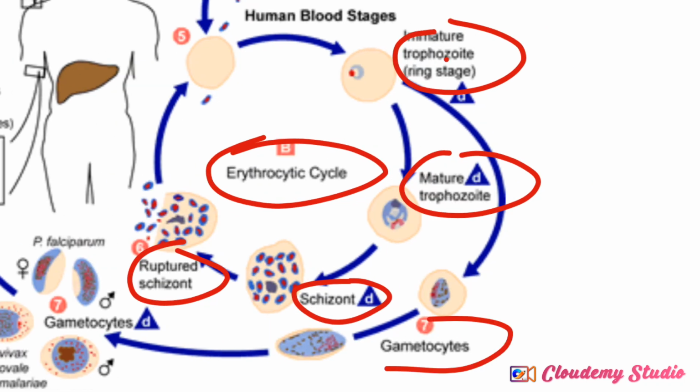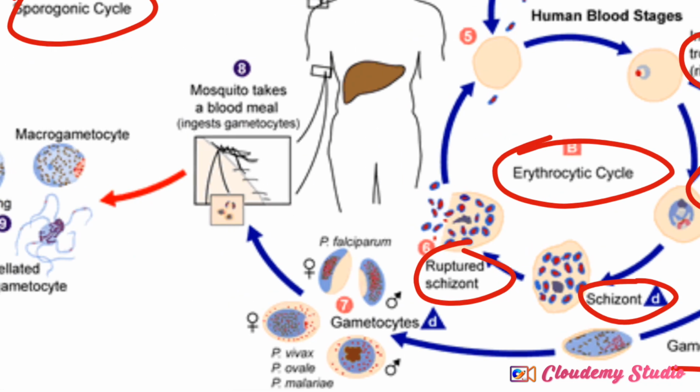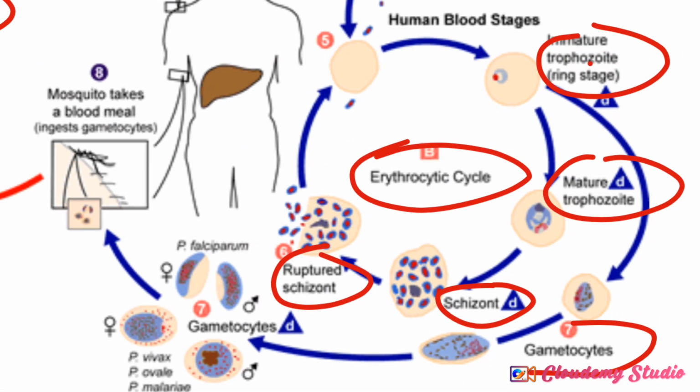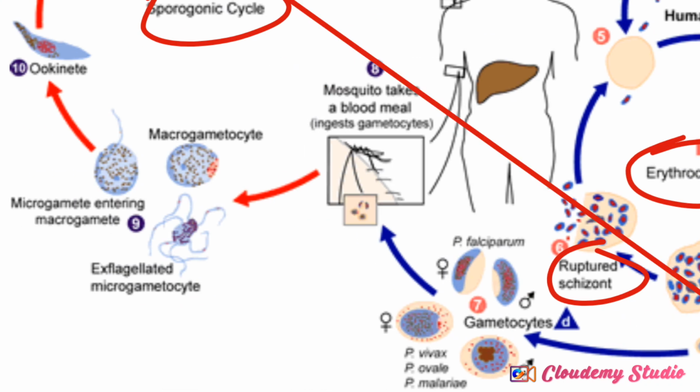Now, once they develop into gametocytes, they are going to develop into two types of gametocytes. That is the microgametocyte and the macrogametocyte. The microgametocyte is what? Is the male gamete, and the macrogametocyte is the what? The female.